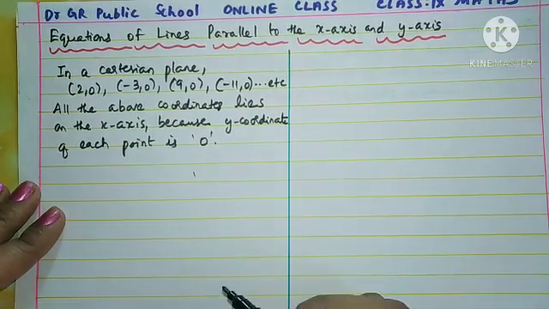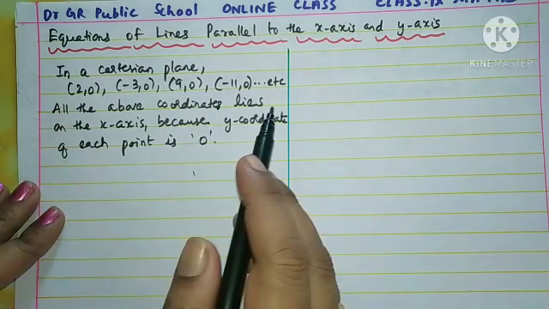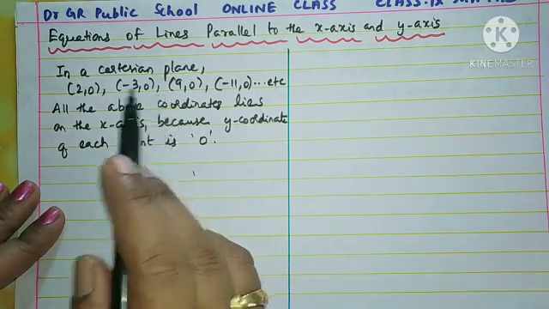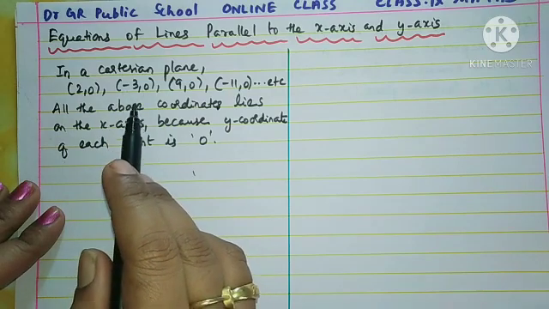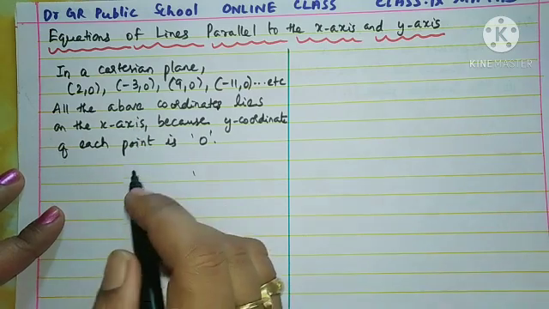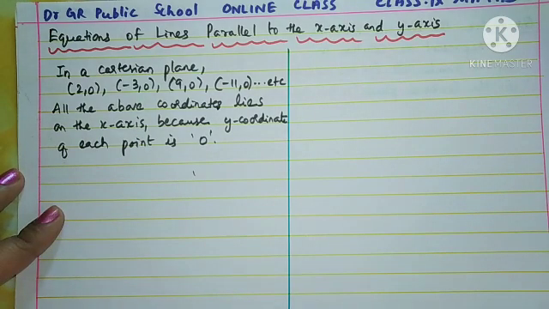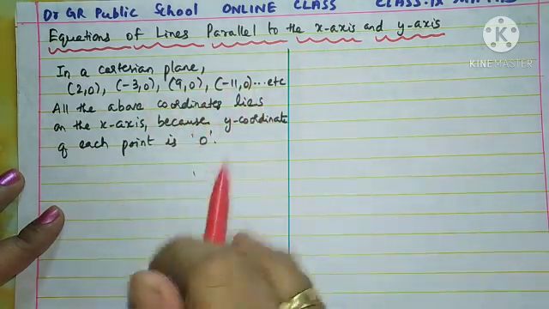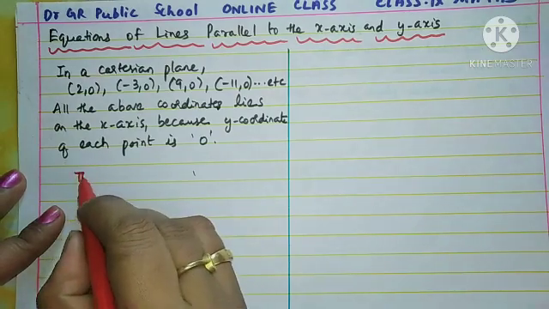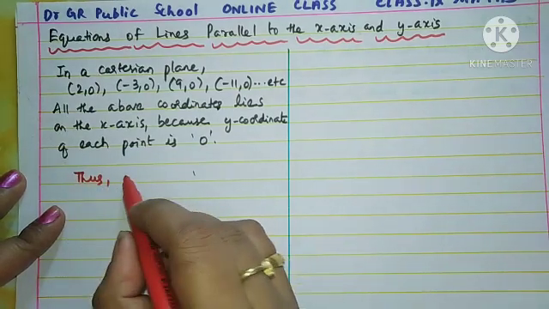Understand? So this you know already, because all the y coordinates are 0 in these points. We plot this point in the graph, it will come only on the x-axis, that you studied earlier also. So from this we are going to get a conclusion. This is the point you want to study very well. Thus this is the conclusion.